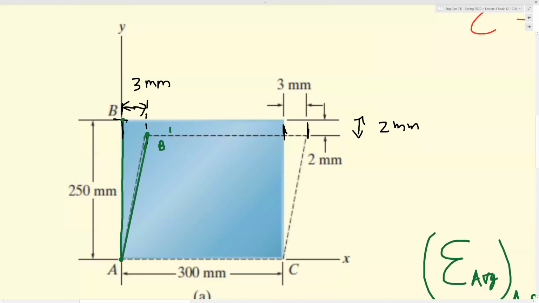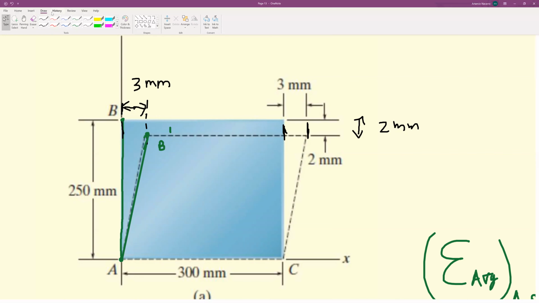Let me clean this up real quick. Okay, that's 3. From here to here, a shifting of 2.